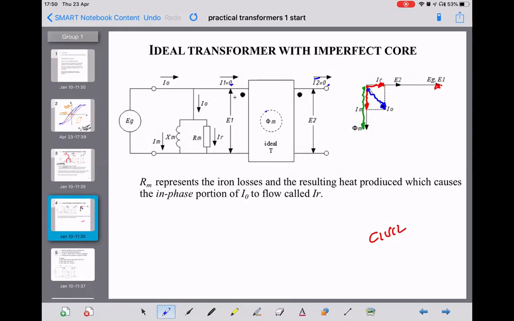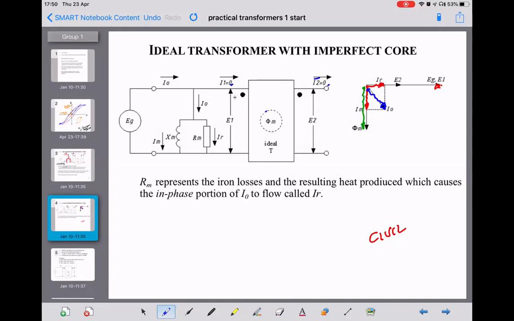So exactly. Well, RM represents the winding resistance, and it'll also take account in terms of the heating of that core, because the core is being heated because the winding is getting hot. And the winding is getting hot because of its resistance.